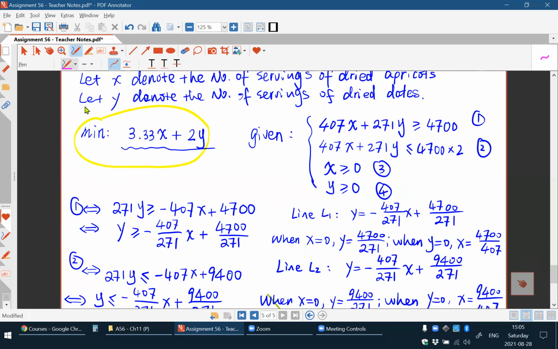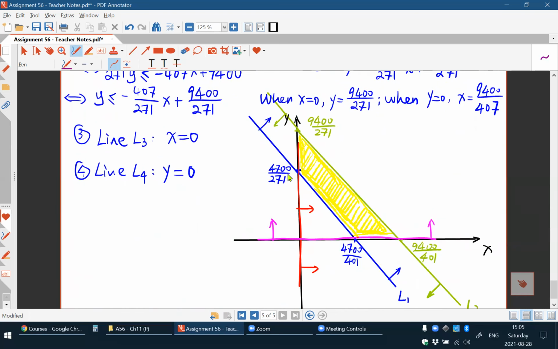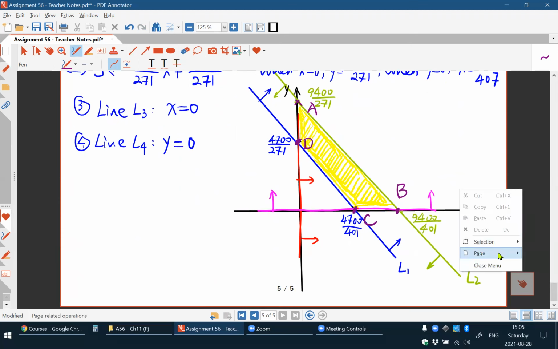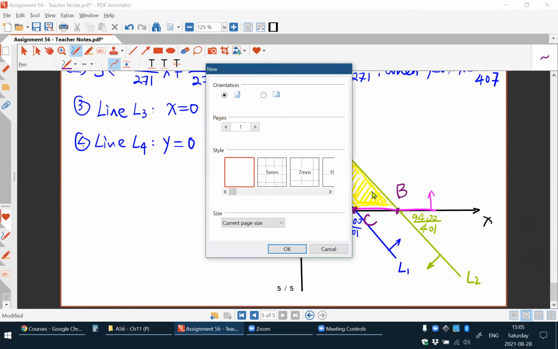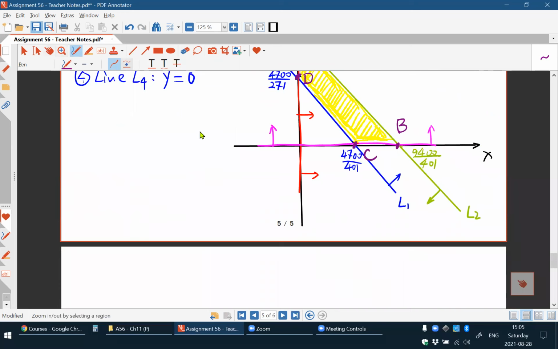So first of all, we need to decide what the coordinates of the vertices of the bounded region are. Let's call them point A, point B, point C, and point D. Okay, so how can you decide the coordinates of these vertices?